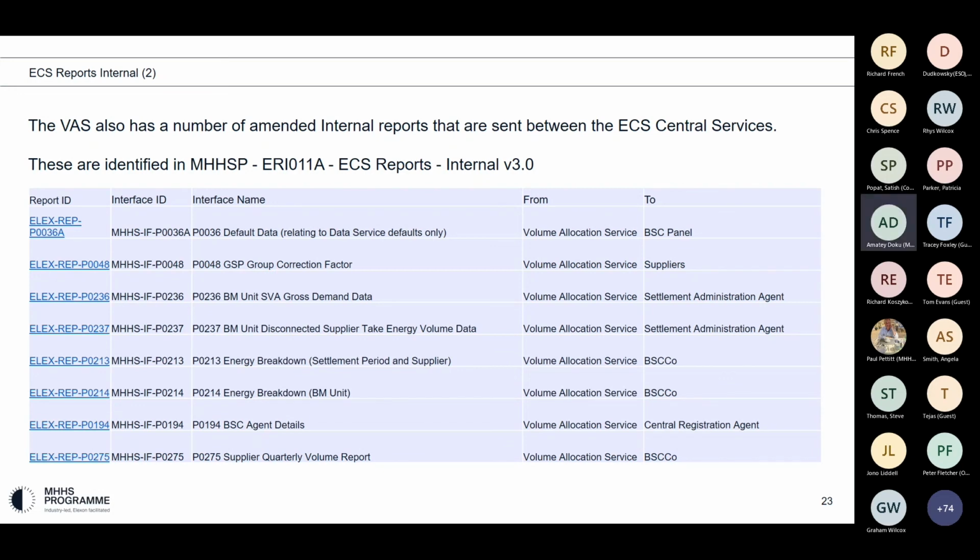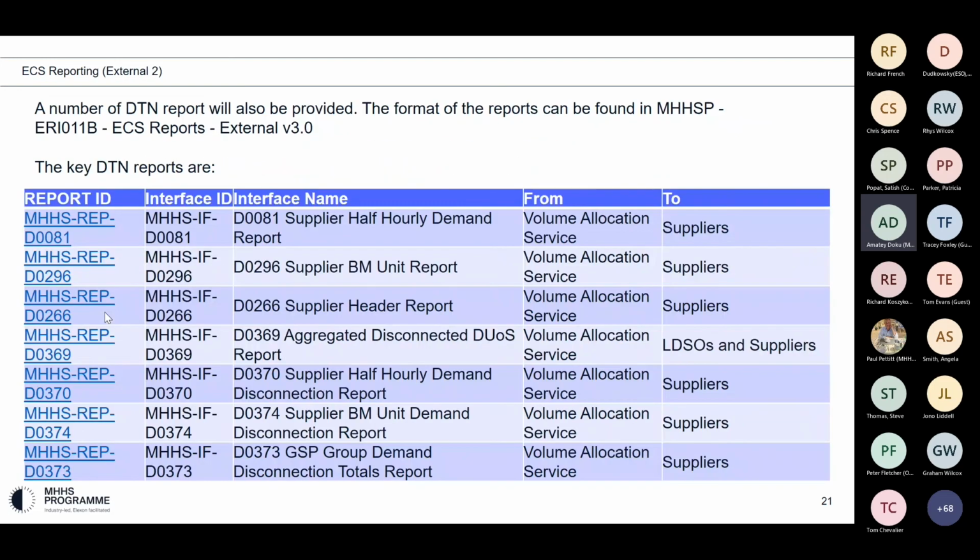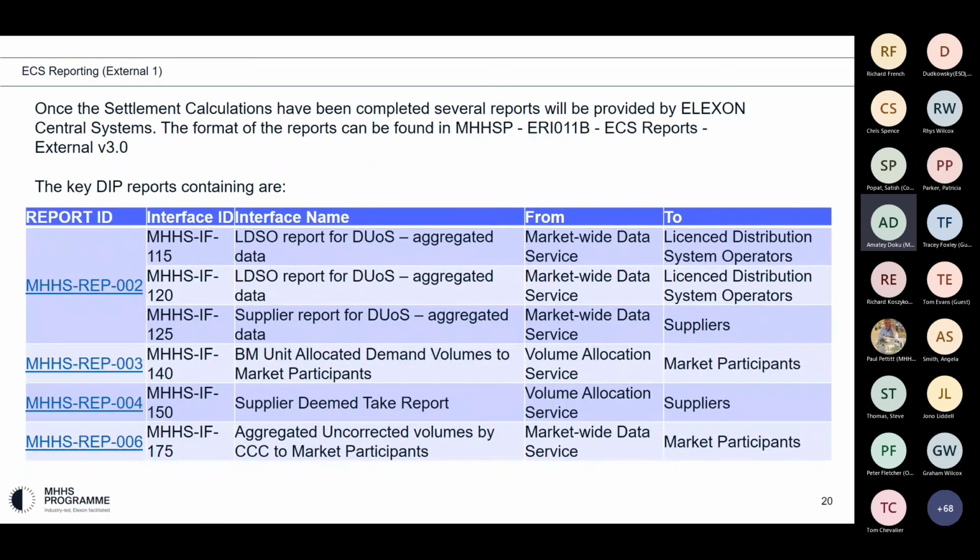The IF 016 is the DIP replay. Would this data come direct from the DIP or from MDS? MDS is not in the routing, but I'm surprised that the DIP holds any data. Do you want me to answer that, Kevin? Yeah, go on. It's Paul Pettit. Yeah, as far as I'm aware, the replay information will be held by the DIP, and I think it could be up to 2 years.